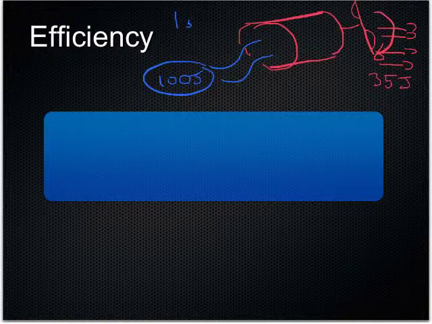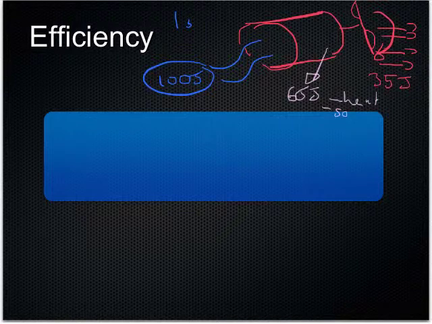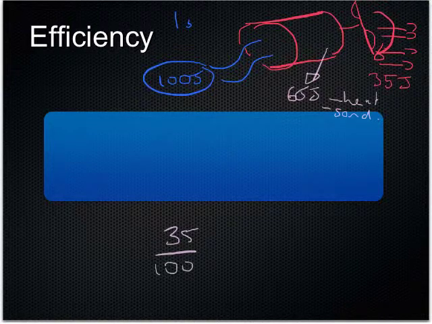Okay, so this thing has actually lost 65 joules to heat or sound. So what's the efficiency? Well, we would do 35 divided by 100, so our output divided by the input times 100, and that will give us 35% efficient.